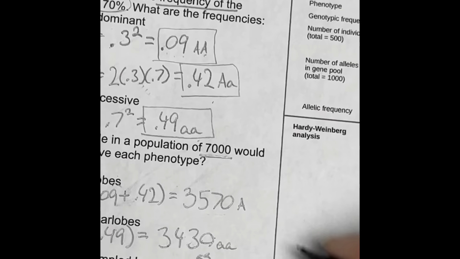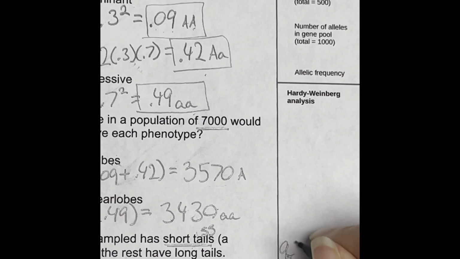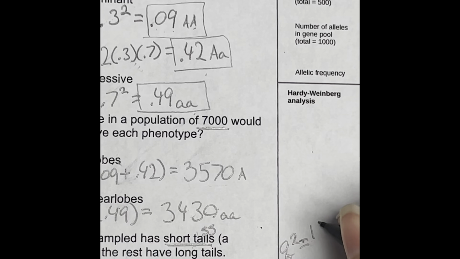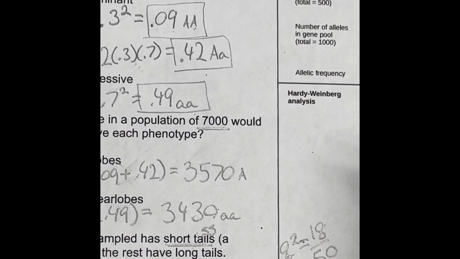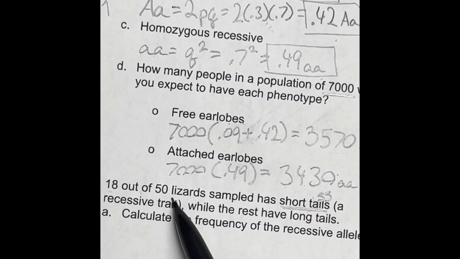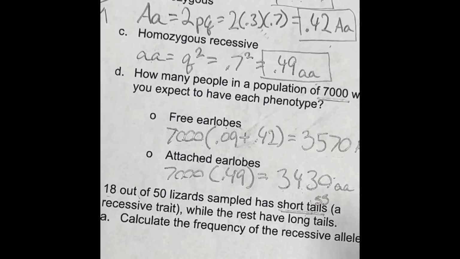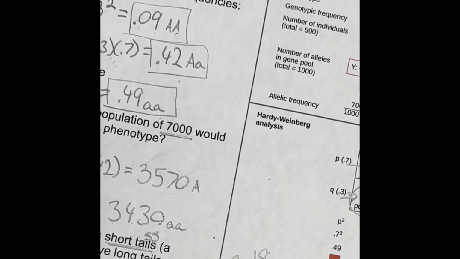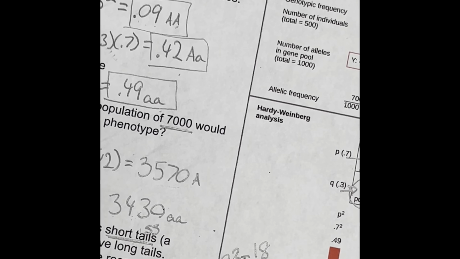They have just told me that Q squared is equal to 18 out of 50. According to this problem, 18 out of 50 lizards have this recessive trait. So Q squared must equal 18 out of 50.